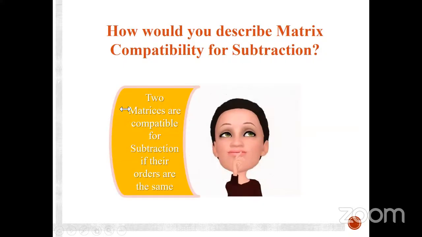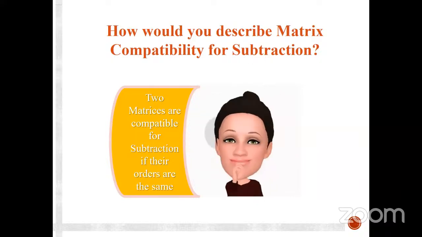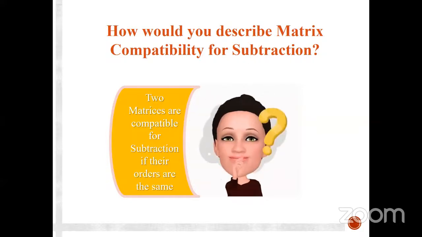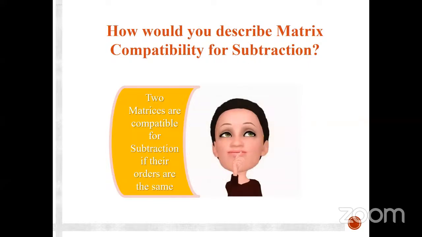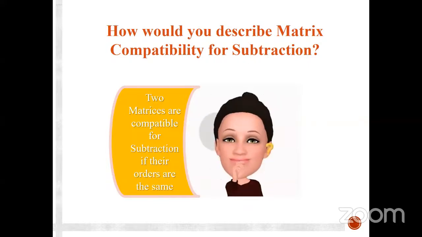So two matrices are compatible for subtraction if their orders are the same. And likewise, in the case of addition, where we can add corresponding elements, in the case of subtraction, we subtract corresponding elements. And to go back to what was said earlier by the student, it doesn't matter which element is bigger than which, because we know that we can subtract, even if the numbers will be negative when we carry out the subtraction.